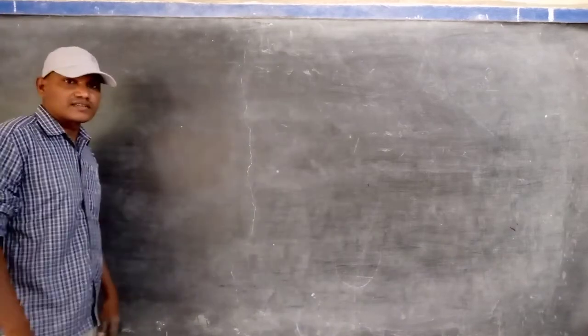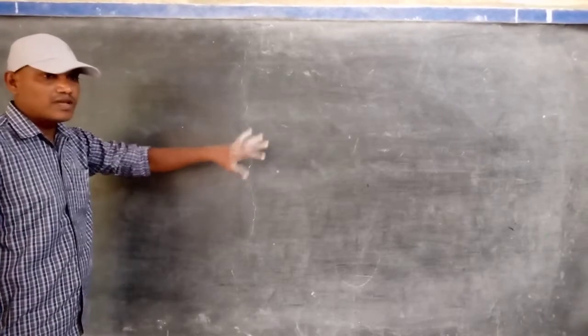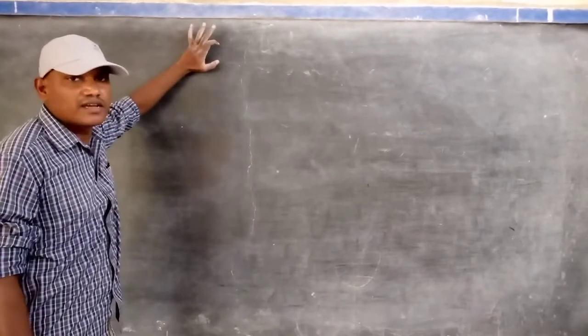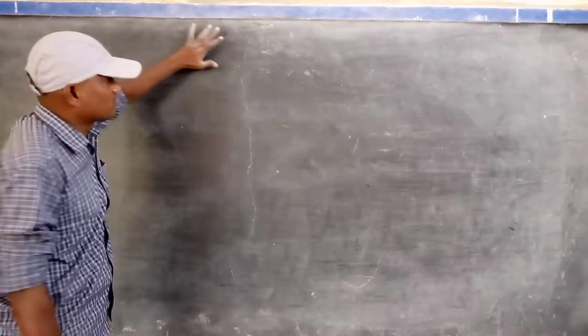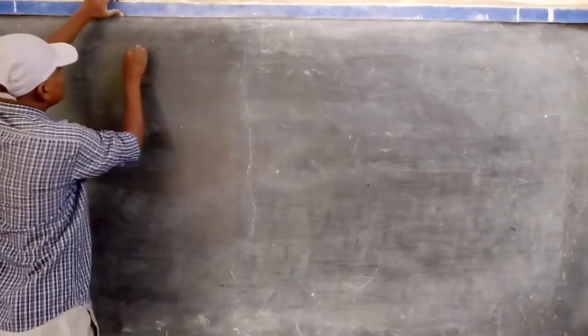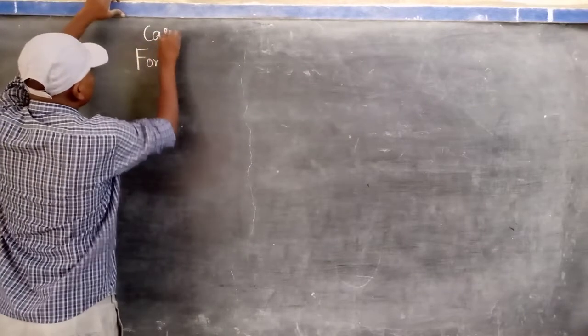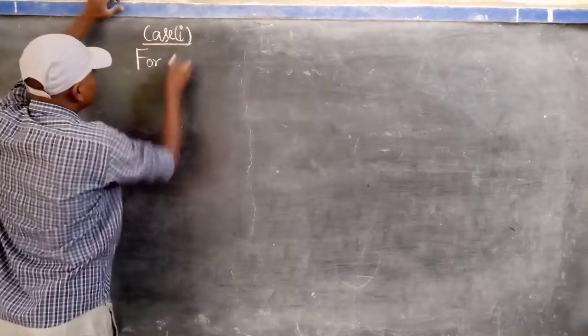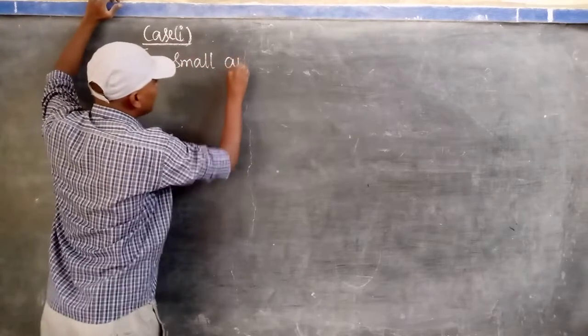So now we are discussing some other extra concept in the same chapter, but this concept is not in our science textbook. Case 1: for a small angled prism.